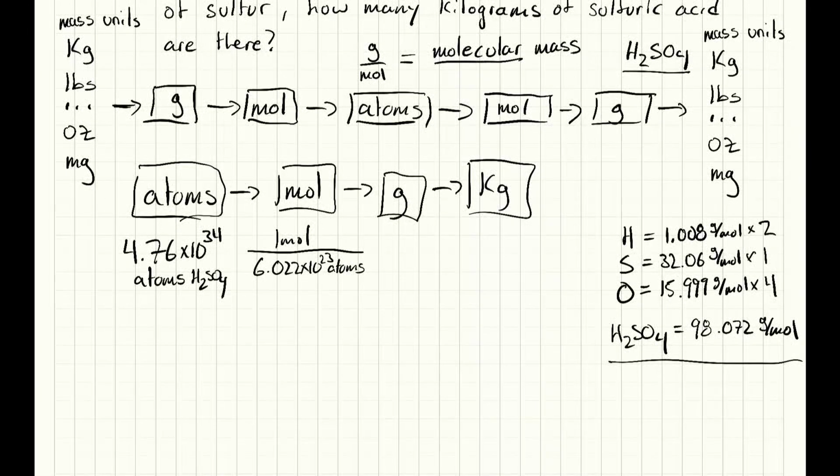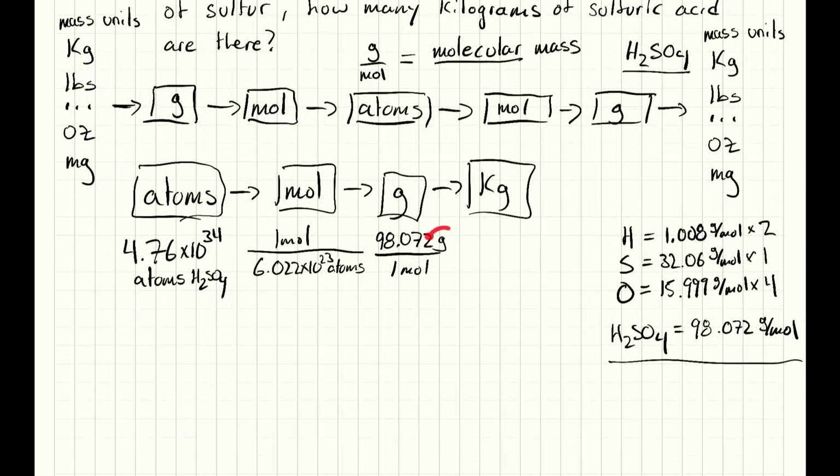And then we want to go from moles to grams. So looking at this over here, we got grams per mole in our molecular mass. And so we'll do 98.072 grams per 1 mole.